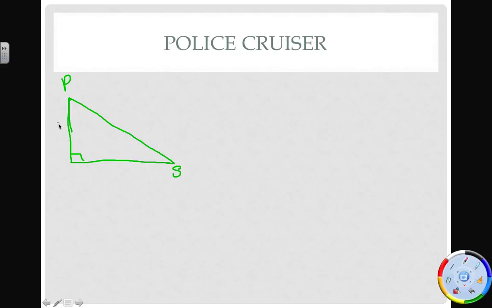Now, if we just let these all be variables here, there are some things that we know and some things that we don't know. One thing that we want to know is how fast the car is moving. Well, that is the rate of change of this distance here, which means we need to know dy dt. And we do know the other ones.